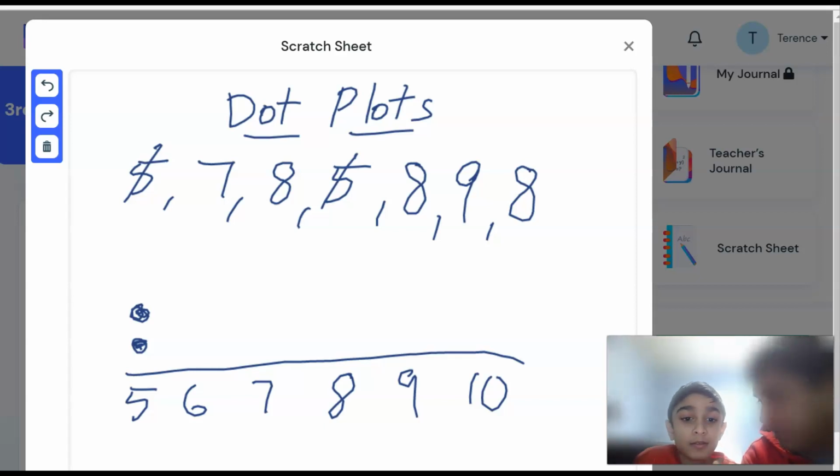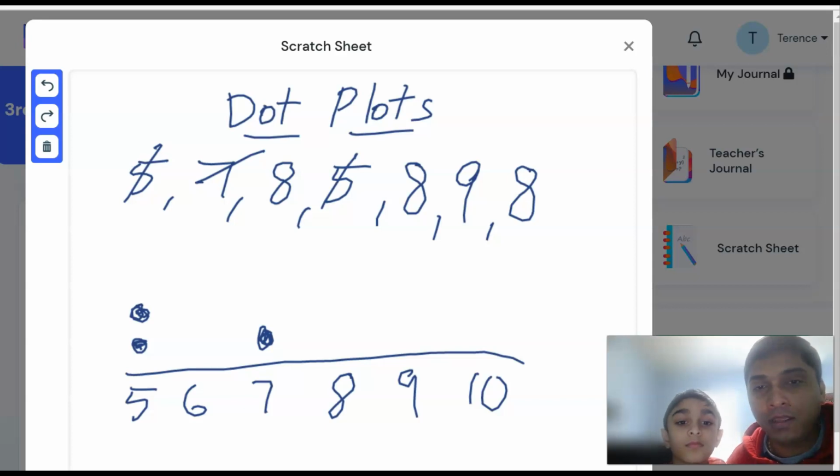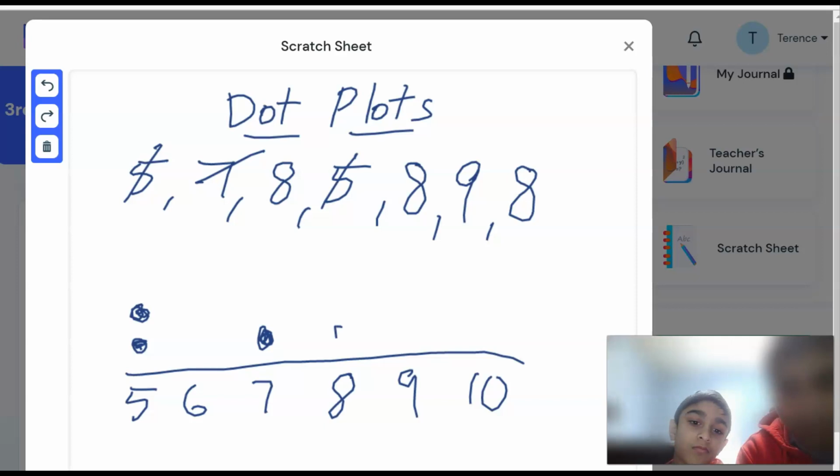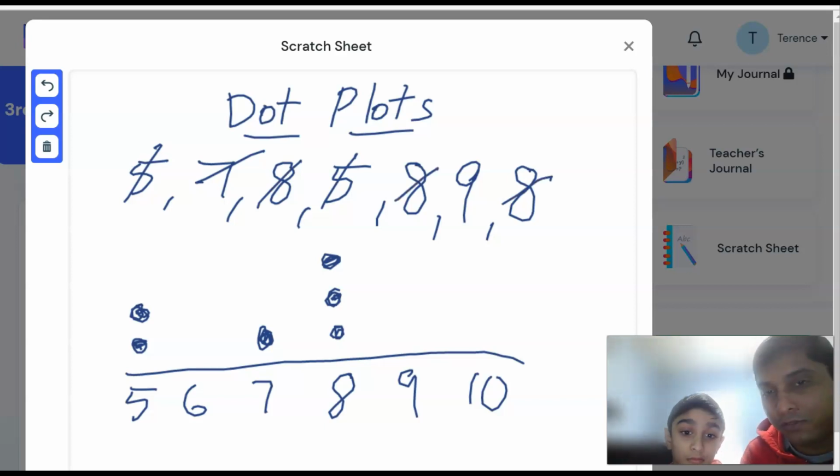So you don't have to keep a dot there. It's a 0, right? How many times did you do 7 miles per hour? Once. So you go with 1 dot here. And how many times did you do 8 miles per hour? 3 times. So let's go here. 1, 2, 3. So there are 3 8s in the dot plot. Did you see that?